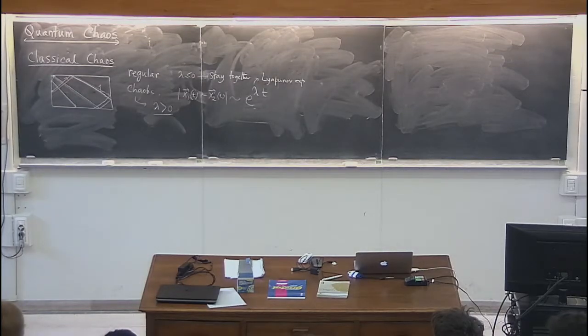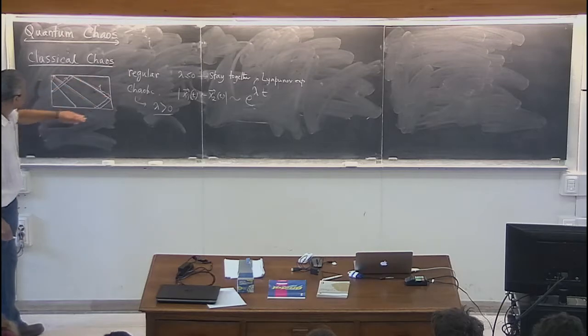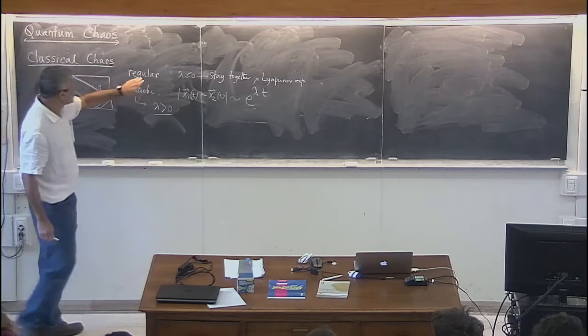Now, what is the quantum problem? For example, if I take this particular rectangular trajectory, you will find that classically this is regular.